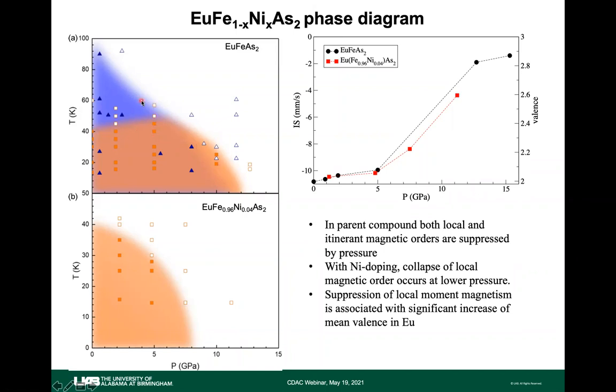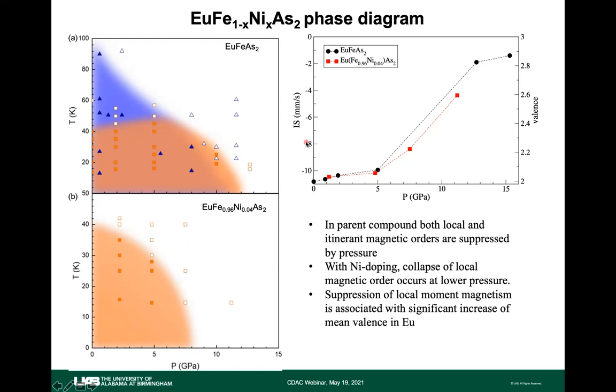Around 8 GPa, the magnetism from iron is completely suppressed. Then around 11 to 12 GPa, the europium magnetism is collapsed. In the case of the nickel doping system, this phase boundary on the europium magnetism is pushed to lower pressure.